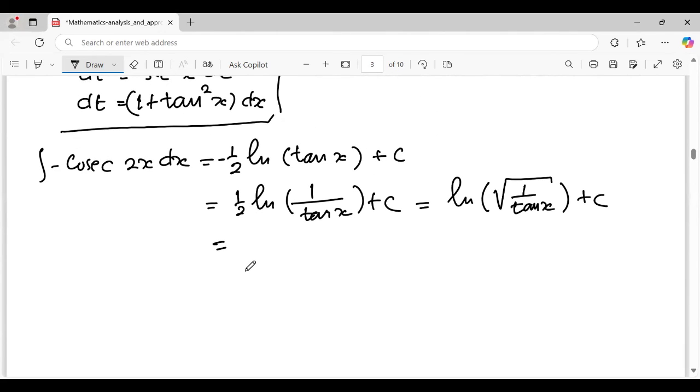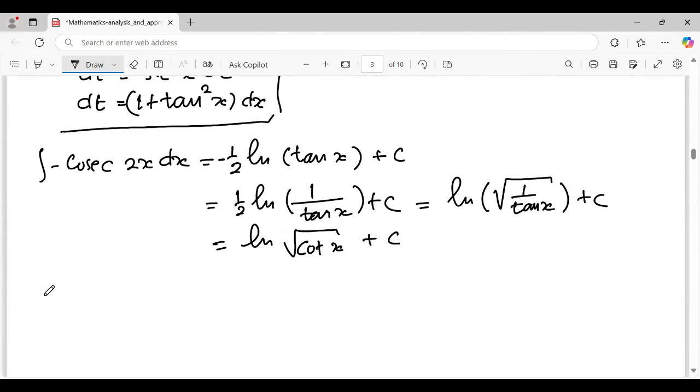Okay, and then ln square root of 1 over tangent is cotangent, plus c.